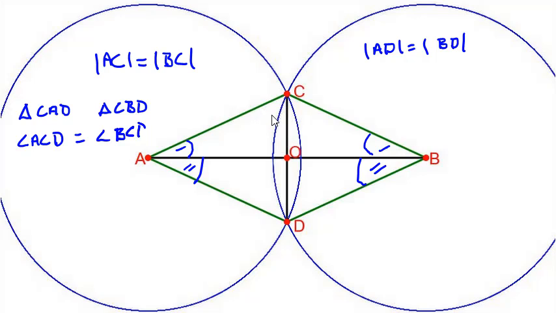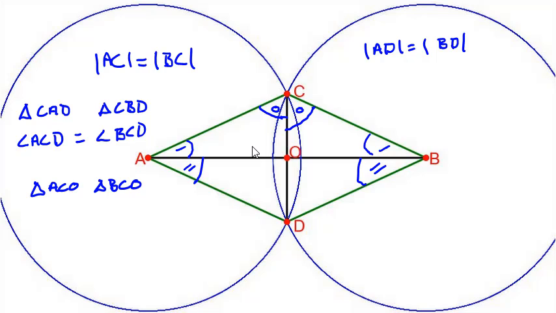So we have this angle here is equal to this angle here. Now if we take a look at the triangle ACO and the triangle BCO, these two triangles are congruent triangles, and they're congruent by angle, side, angle.